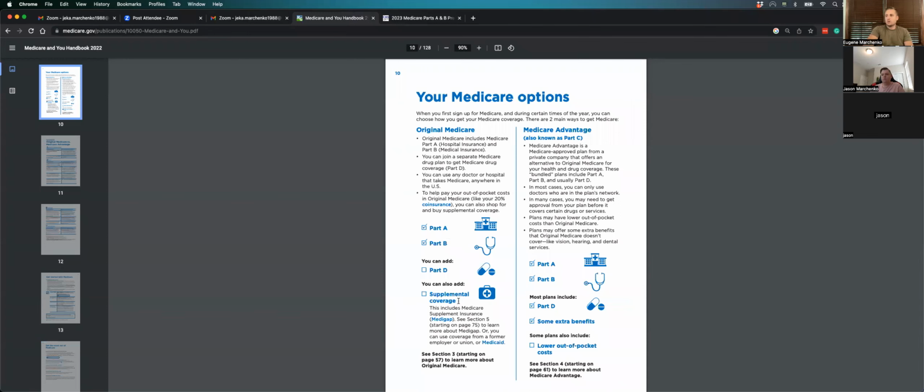So that's optional. Part D is prescription drugs. The way that you shop for a prescription drug plan is based on the medications that you have. So if you take 4 medications, blood pressure, cholesterol, diabetes, and heartburn, for example, your recommendation may be different than, let's say, if I take only a cholesterol medication or an asthma medication.